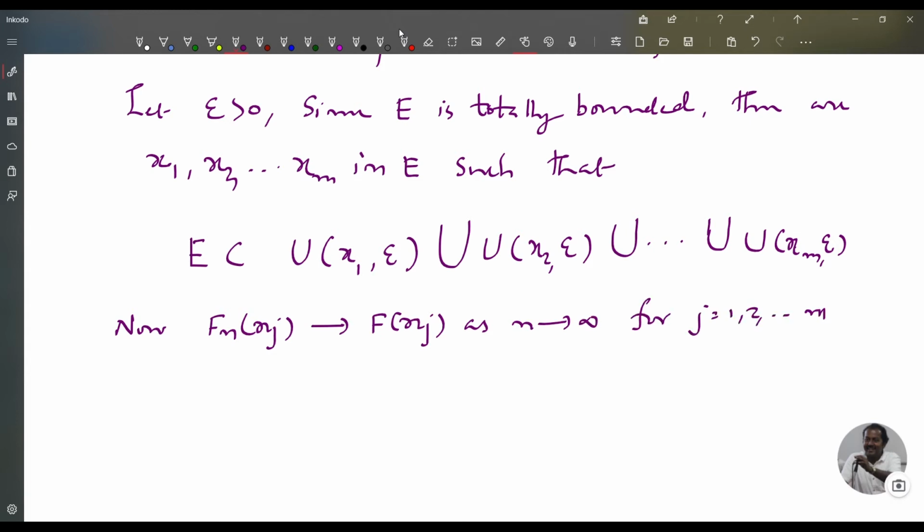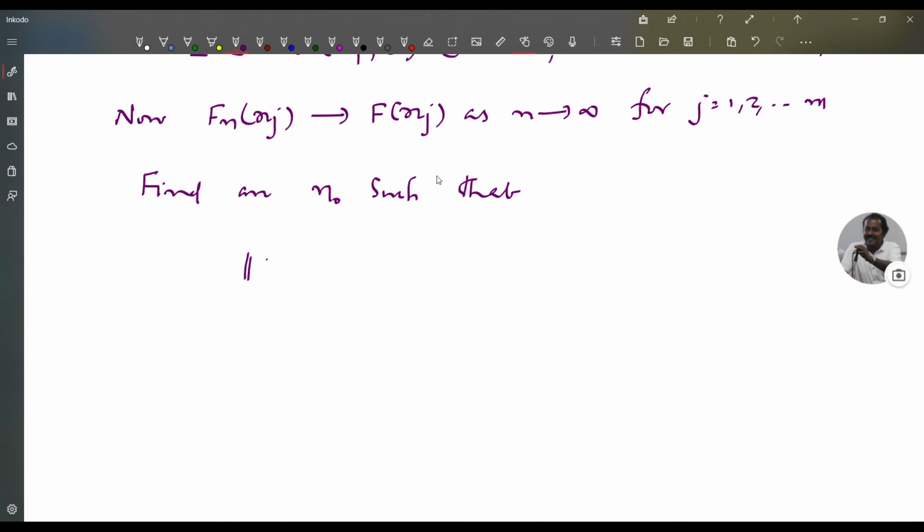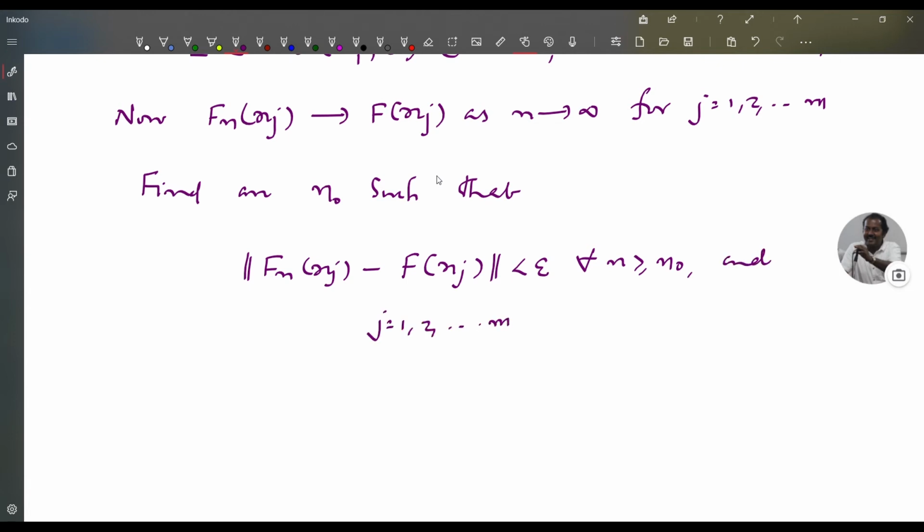Now since fn(xj) converges to f(xj), we can find an n naught such that norm of fn(xj) minus f(xj) is less than epsilon for all n greater than or equal to n naught and j equal to 1, 2, etc., m.